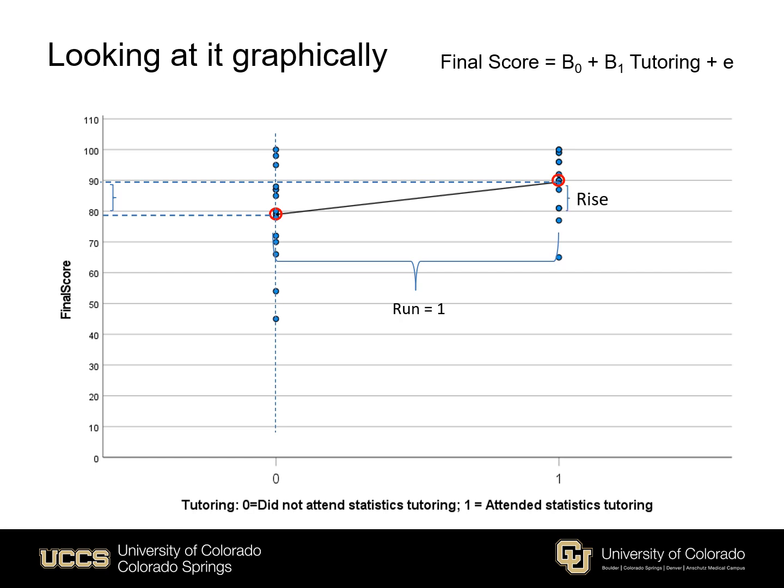And just eyeballing that difference in the bracket, it looks like that rise might be 11 points. So calculating the slope of this line, rise over run, we're just computing 11 over 1, or 11.